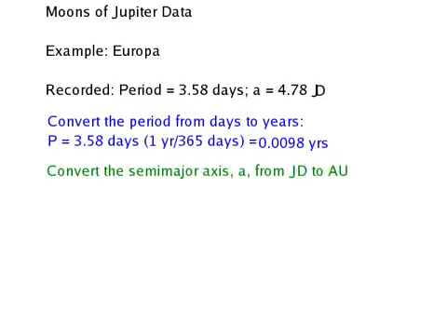Well, if you think about the unit, let's set it up. We have A equals 4.78 JD. If we multiply by our conversion factor, what unit do we want in the numerator, to replace the JD with? That would be the AU, right?